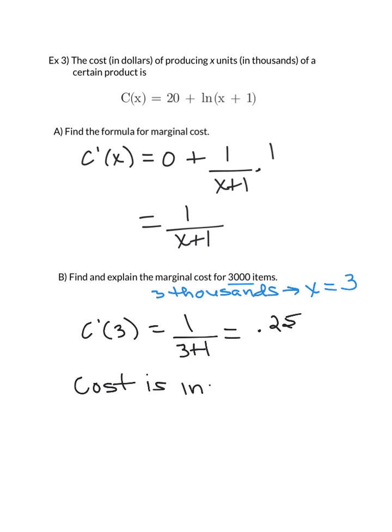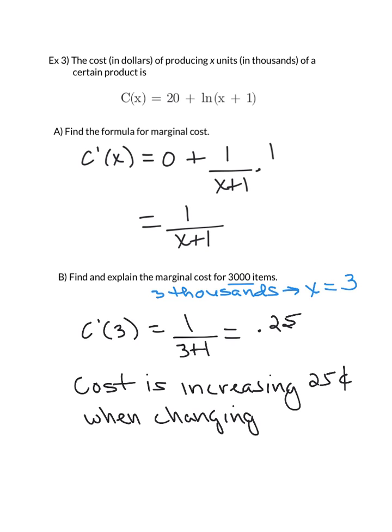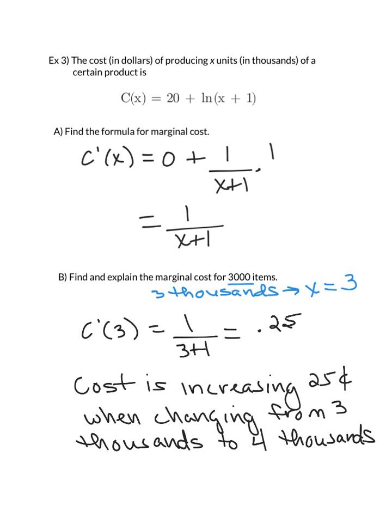So it is increasing 25 cents when changing from 3 thousands, and it's always to the next one, to 4 thousands. And that is your interpretation.